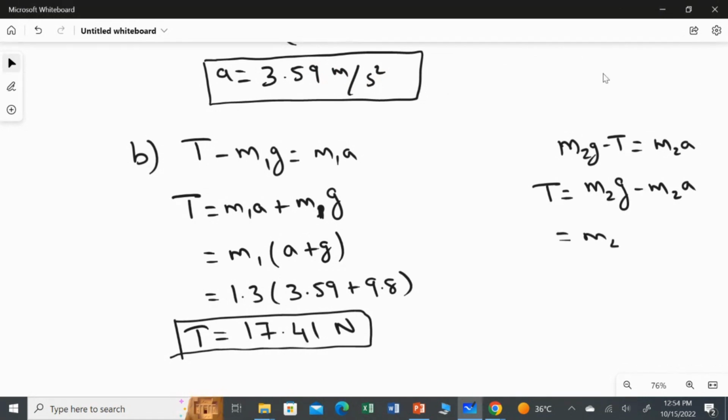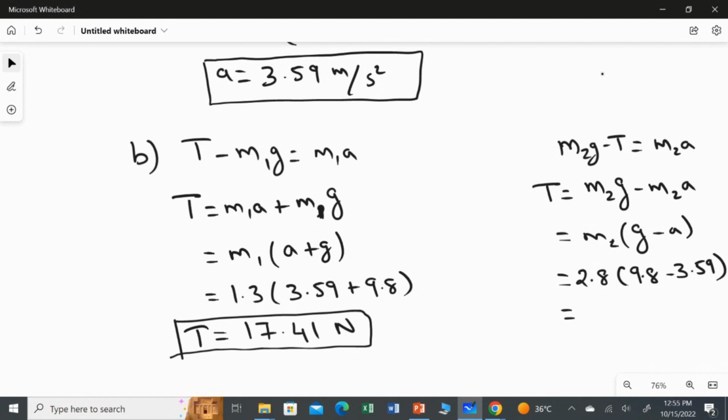I'm going to take m2 as a common term. So this time g minus a, and we know the value of m2 is 2.8. 2.8 multiplied by 9.8 minus the acceleration which we got from the first part, 3.59.